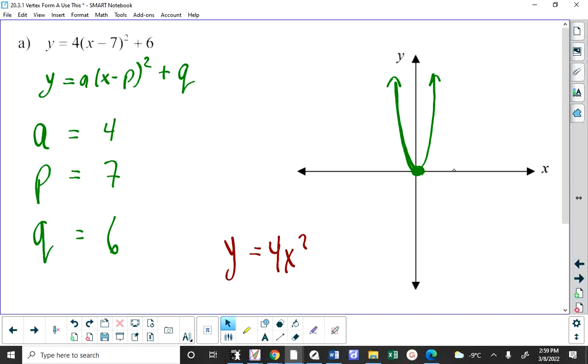It will be up because Q, which is the vertical shifting parameter, is positive. It shifts in a positive direction. We're going to have to shift this 6 units up.